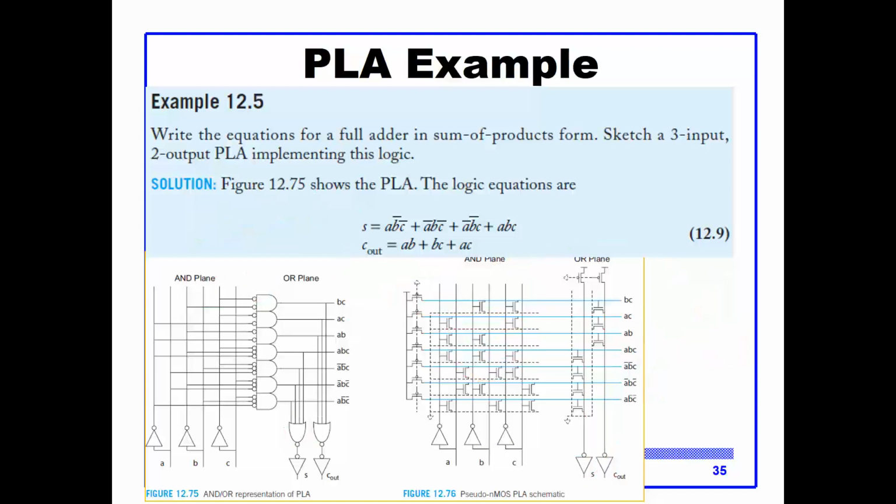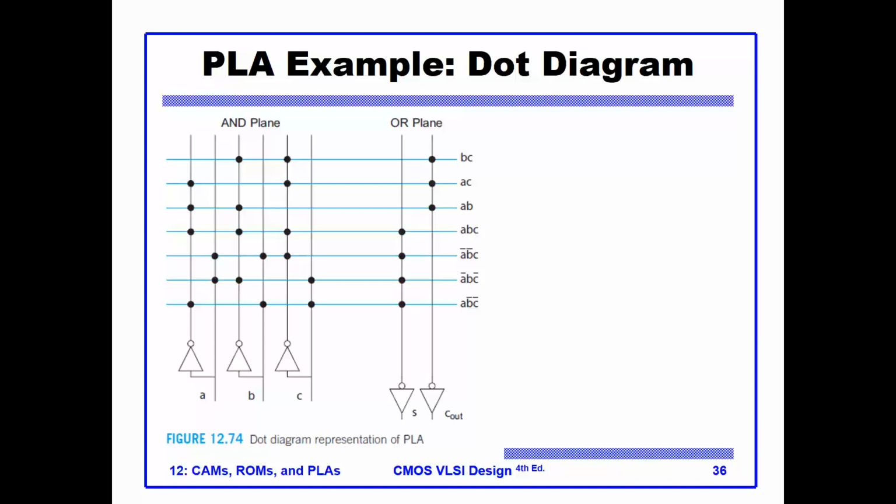In terms of the dot diagram, by the way, in my last lecture I said stick diagram, but it should be dot diagram. You can see here how I'm connecting for AB. I connect the B prime with the C prime to get BC. For the AC, the A prime, C prime.